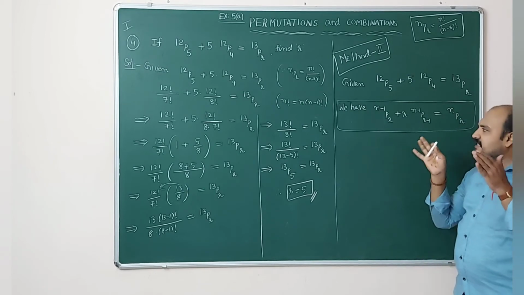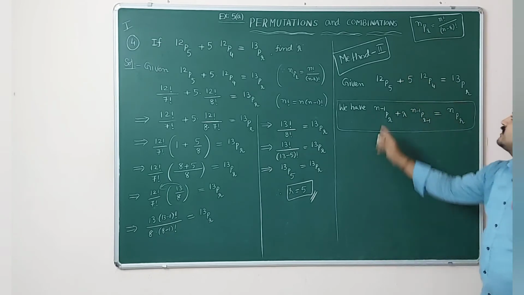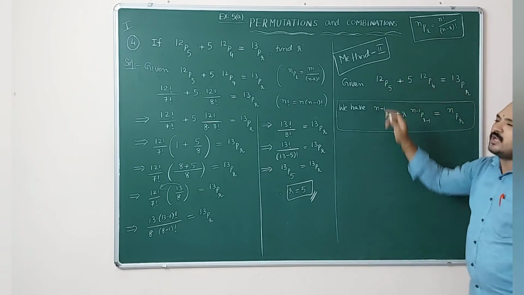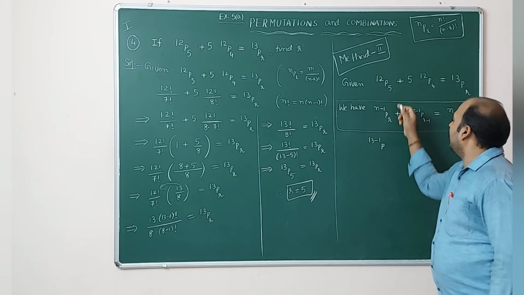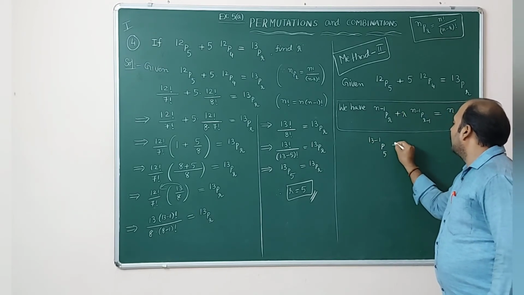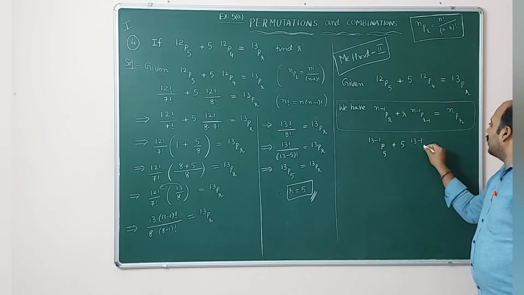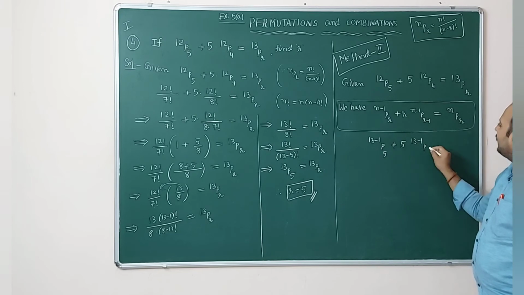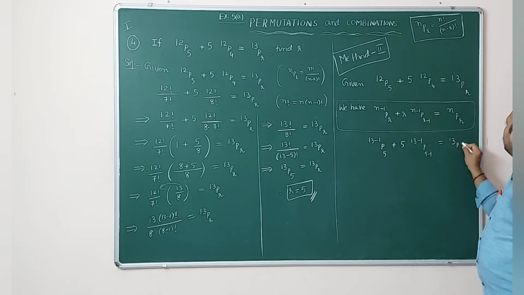So by using this standard result, this can be expressed as 12, can I write 13 minus 1? So 13 minus 1 P5 plus 5 into 13 minus 1 Pr minus 1. That means 5 minus 1. Can I write like, which is equal to 13Pr.